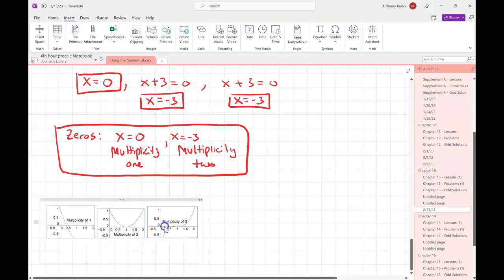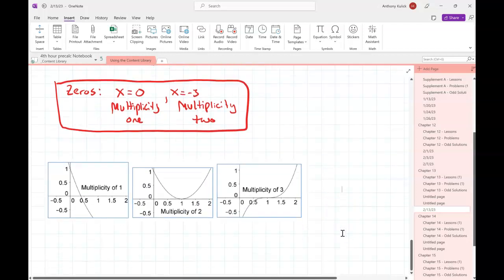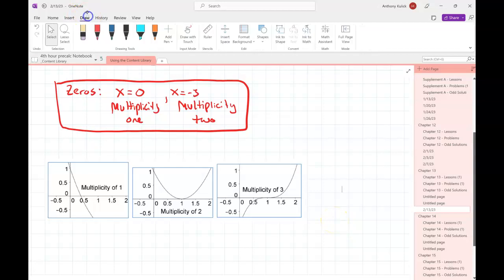So what I have here is a picture of 3 different kinds of x-intercepts. This first x-intercept, you see how the graph goes straight through the x-axis? We call that a straight.